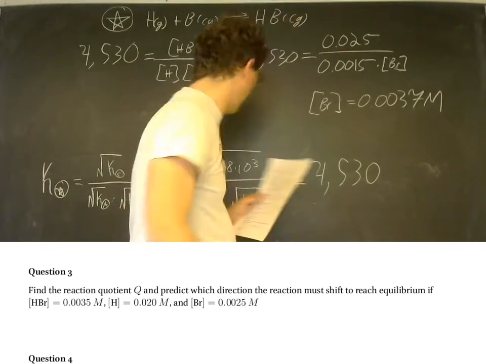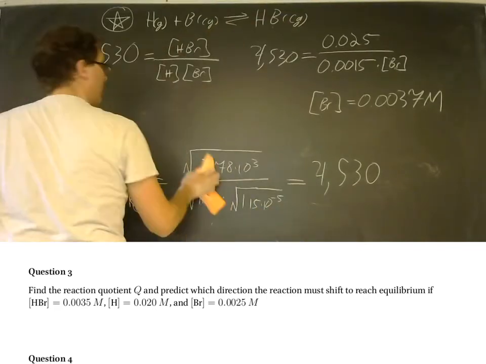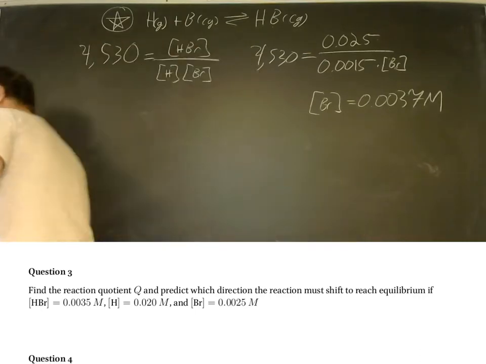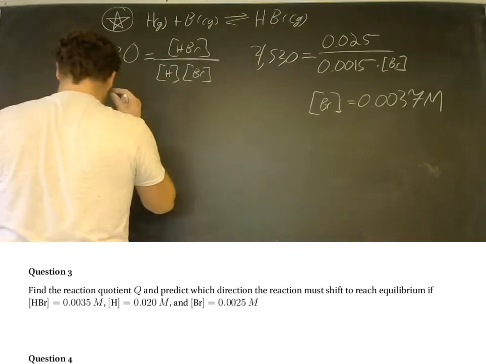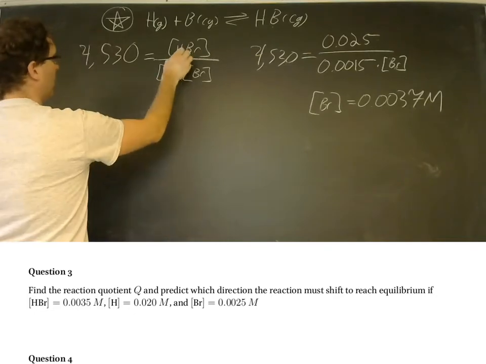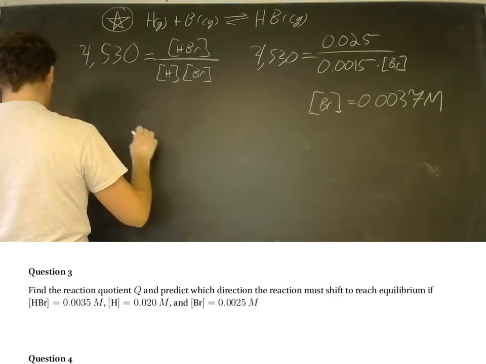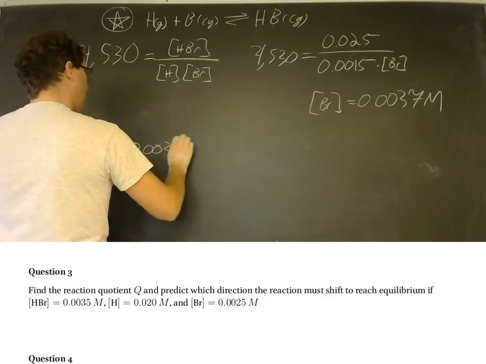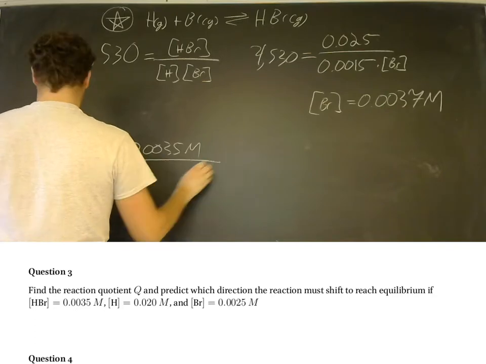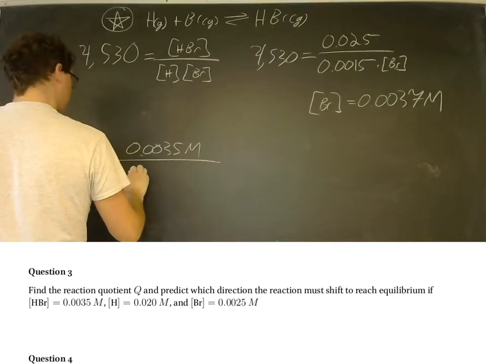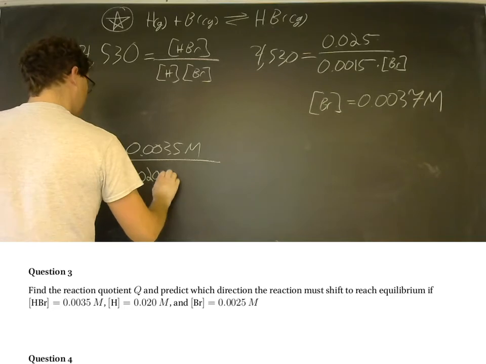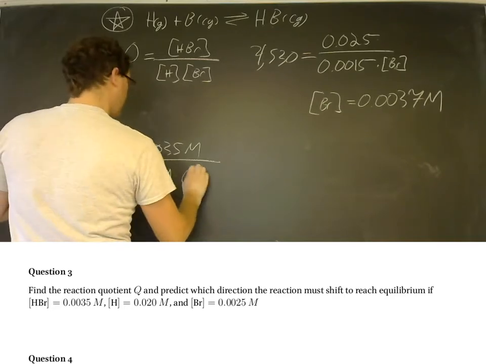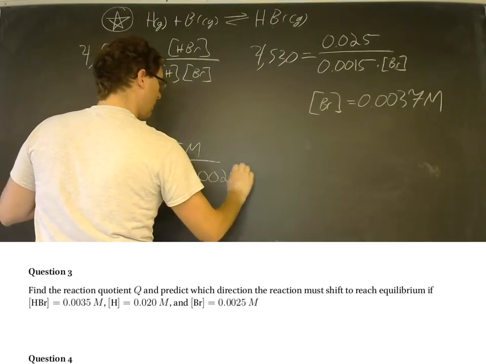Can we find the reaction quotient Q under this particular set of conditions and determine which way the reaction might shift? Q will have this same form. The concentration of HBr that we're given is 0.0035 molar, divided by the concentration of hydrogen, 0.020 molar, times the concentration of bromine given, 0.0025 molar.